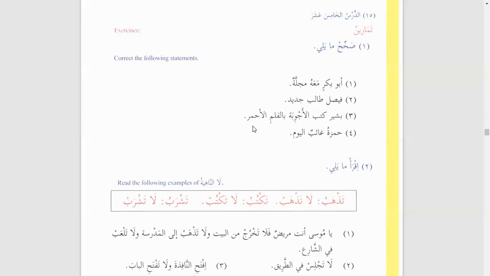Yes, now Abdul Rahimi كتب الأجوبة بالقلم الأحمر. Excellent. Not Bashir, Abdul Rahim, right? Abdul Rahimi كتب الأجوبة بالقلم الأحمر. Abdul Rahim wrote the answers with the red pen.